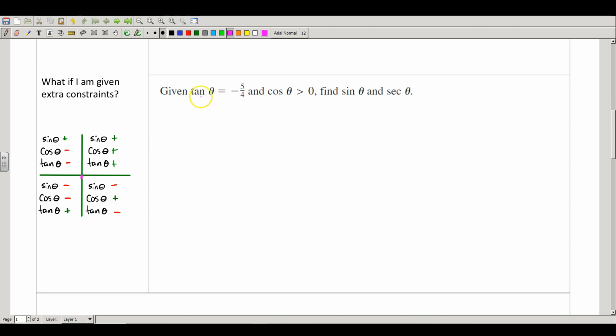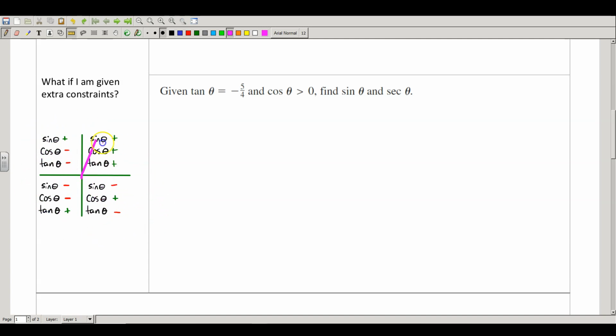So let's think about this. Where is theta going to be? If I drew that out, theta would be in which quadrant? Well, we know that the tangent is negative, because it's negative 5/4.